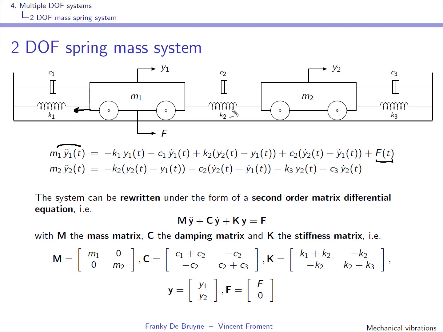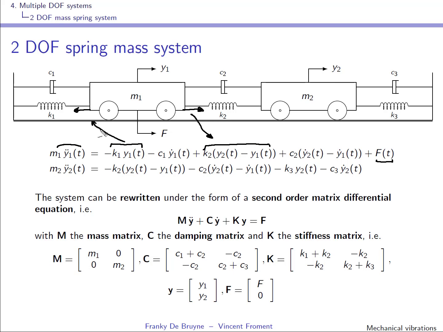Then we look at the force coming from spring 2, and indeed if y2 is larger than y1, you expect something in this direction. So this is why this restoring force is with a plus sign if y2 is larger than y1. This one was made with a minus sign.